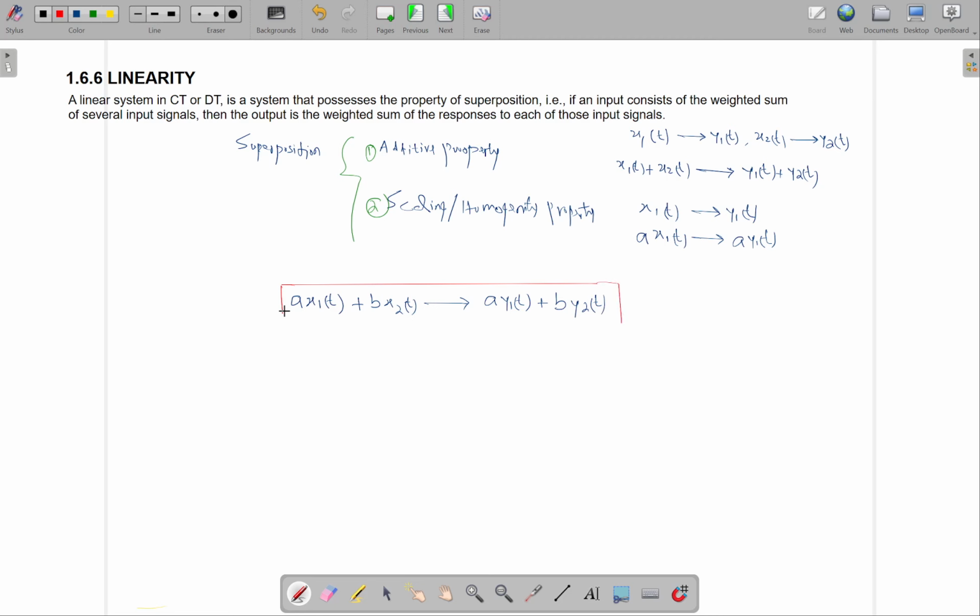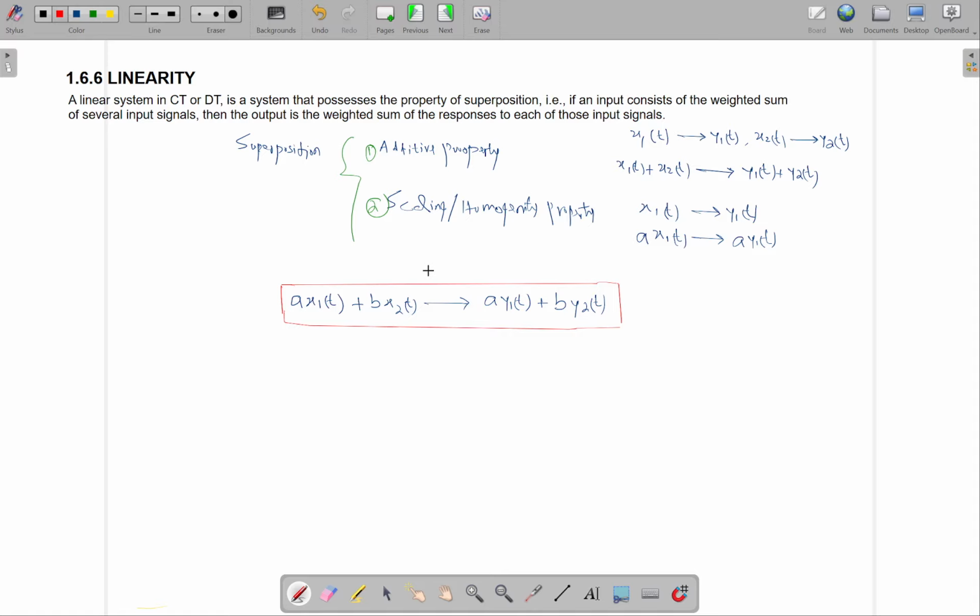So both the additive property and the scaling homogeneity property are mentioned in this simple equation. So if you want to check whether your system is linear or not, this is the criteria which we need to check.